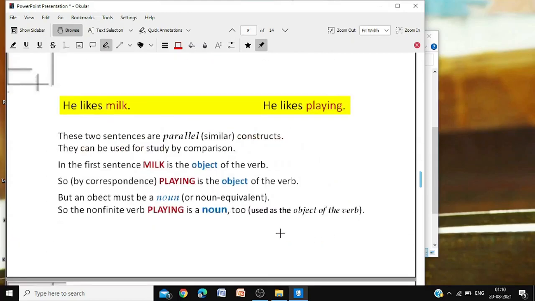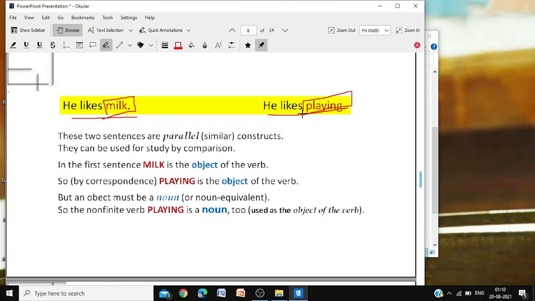Now let us consider two parallel constructs. Parallel constructs are similar constructs which can be used for comparing. Study by comparison. He likes milk. He likes playing. So when we compare, we find that milk is the object, playing is the object.